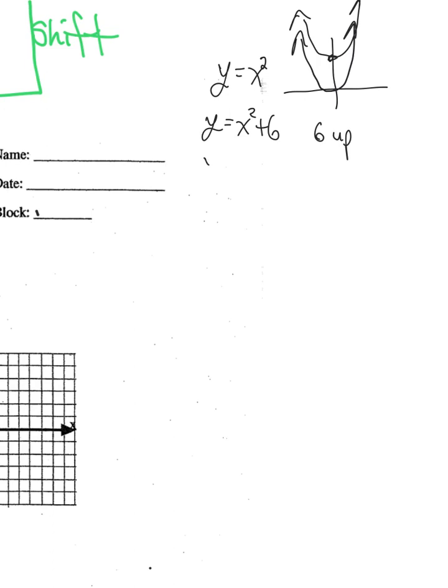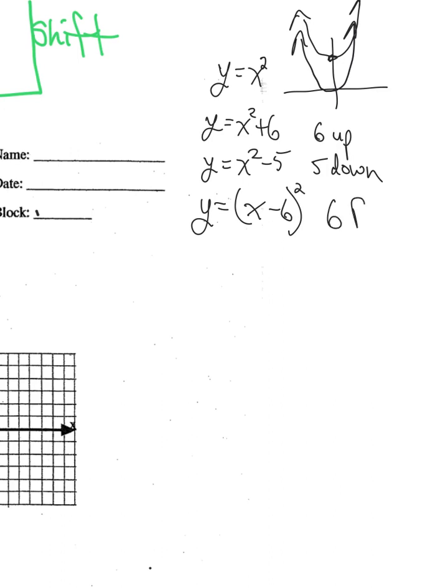And if I said it was y is equal to x squared minus 5, you would remember that that was 5 down. And of course, if you wanted to move it to the right, you would have to write this, x minus 6 all squared. Remember, so this would move it 6 to the right. So remember, to move it to the right, you do the opposite sign. To move it down, you do exactly what you said you were going to do.